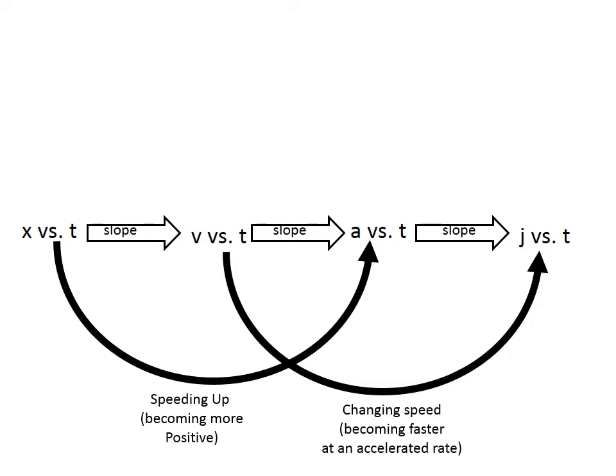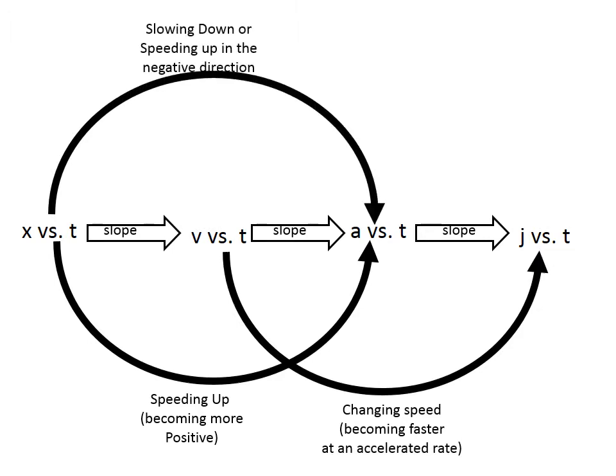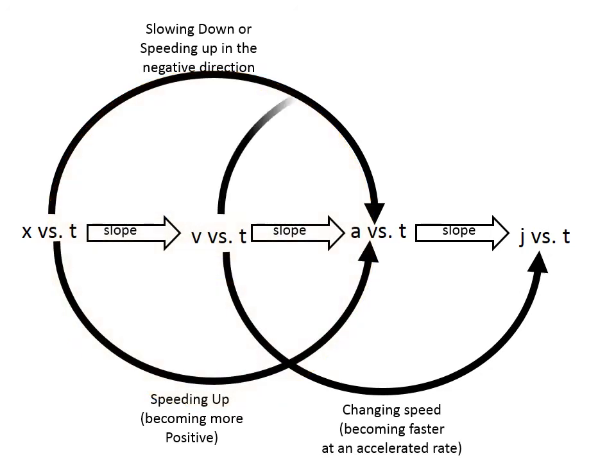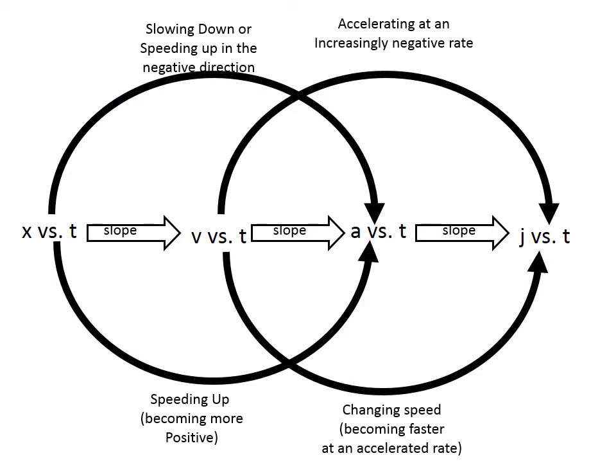Similarly, if you're slowing down or speeding up in the negative direction, you're going to see a downward shaped curve, which you could view as a frown. You also have that same thing happening from a velocity time graph to a jerk time graph. So you're accelerating at an increasingly negative rate.